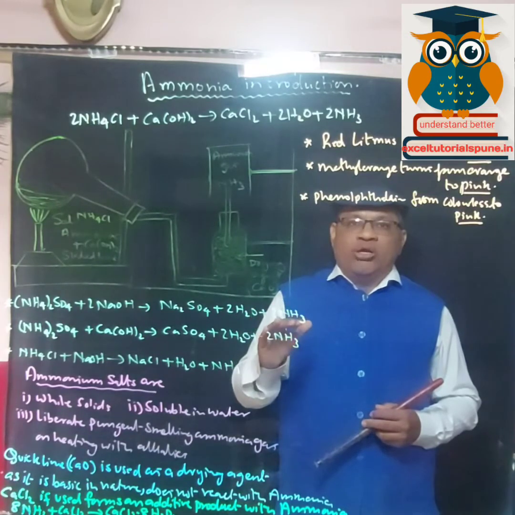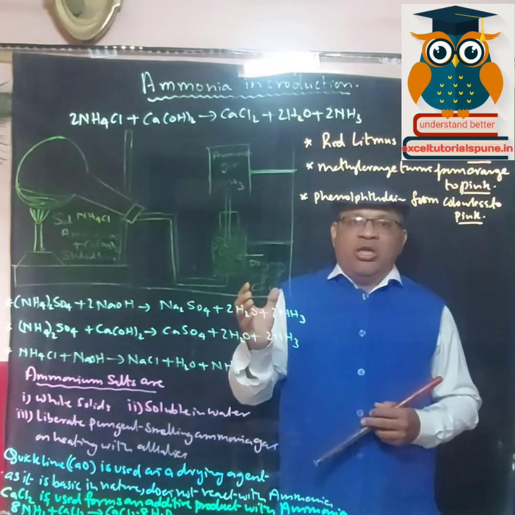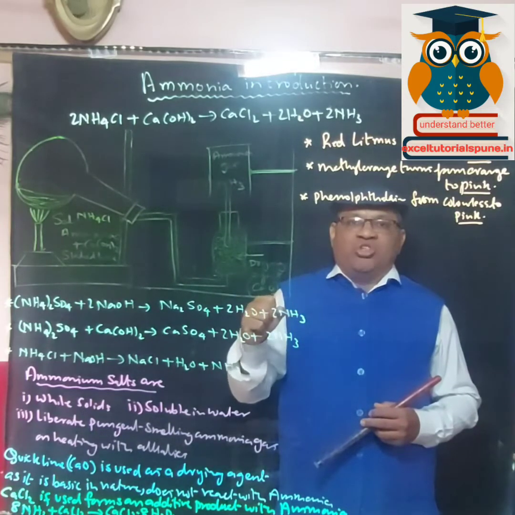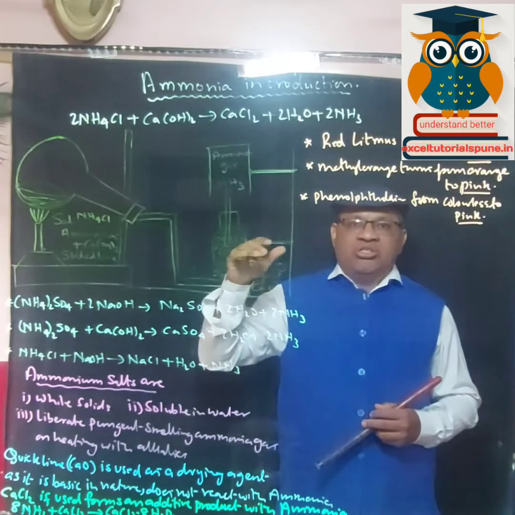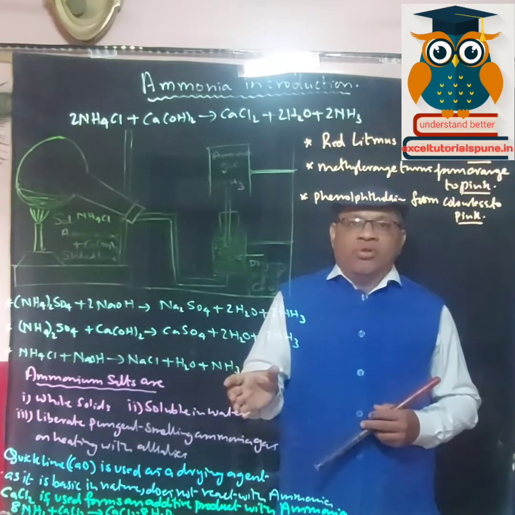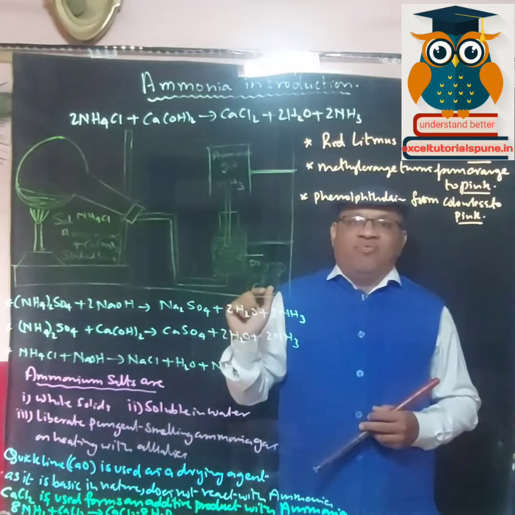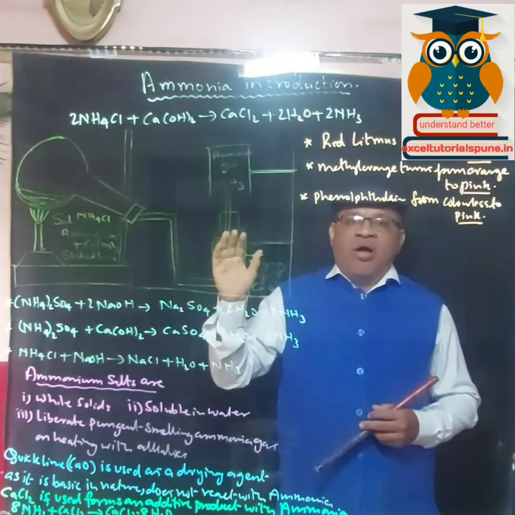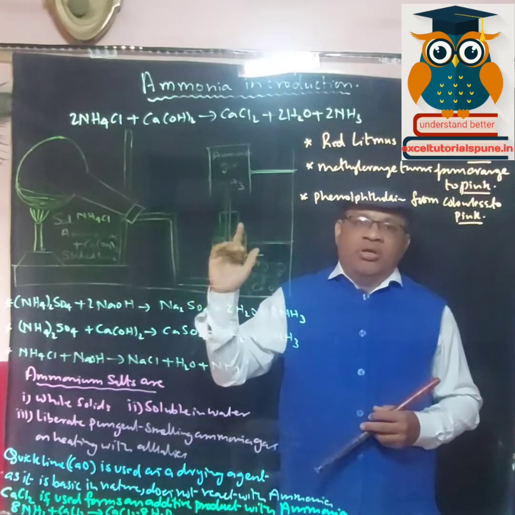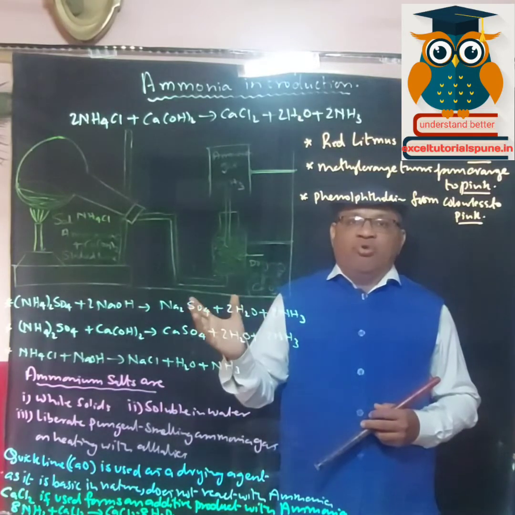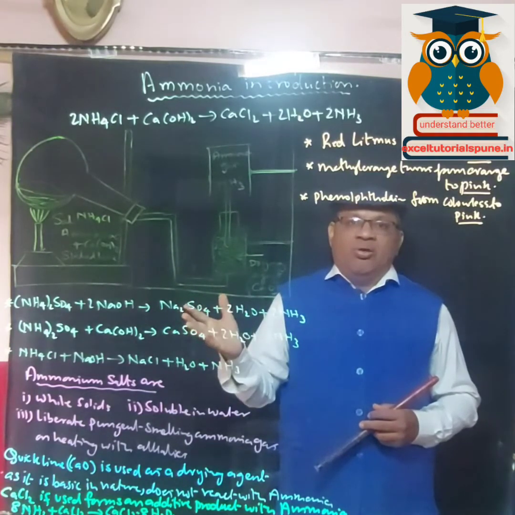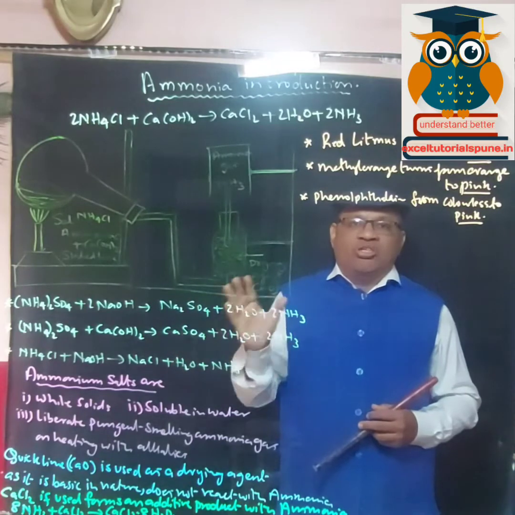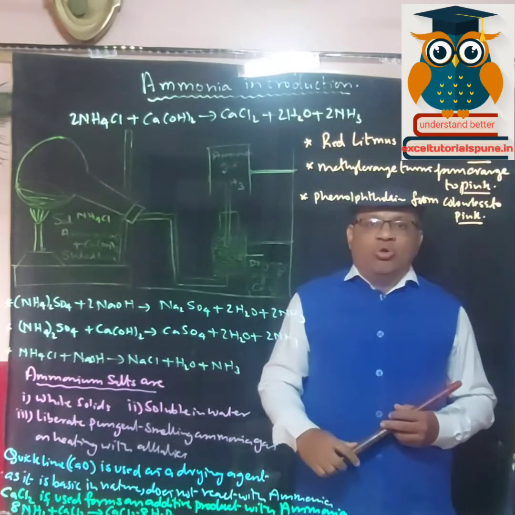Ammonia is highly soluble in water, so pressure is created. As a result of the pressure, the water in the beaker goes up into the flask, and a fountain is seen. Here the fountain is blue in color. In HCl the fountain was red. So remember the color of the fountain, and just go through the fountain experiment.